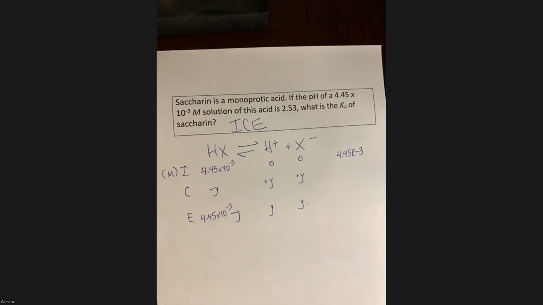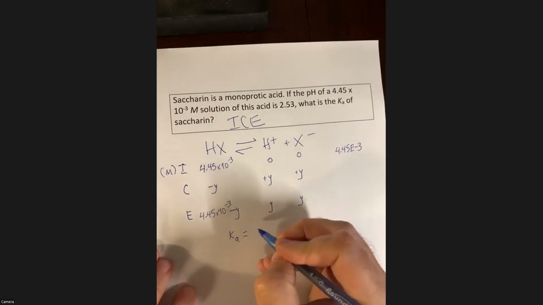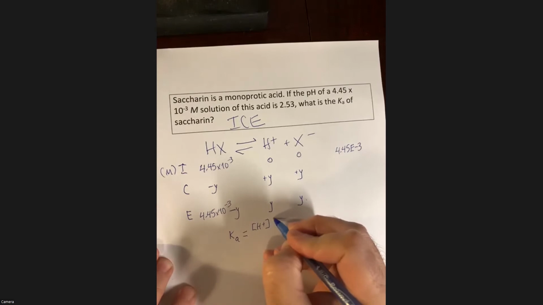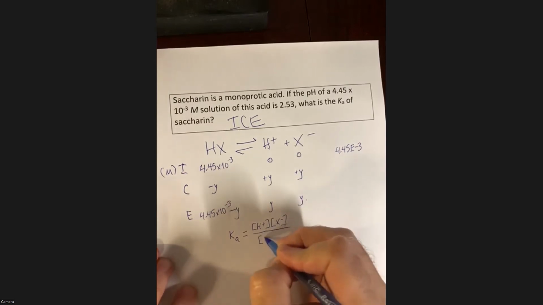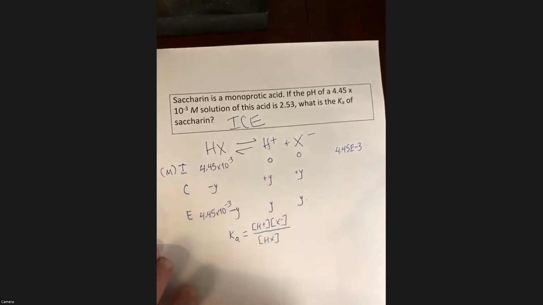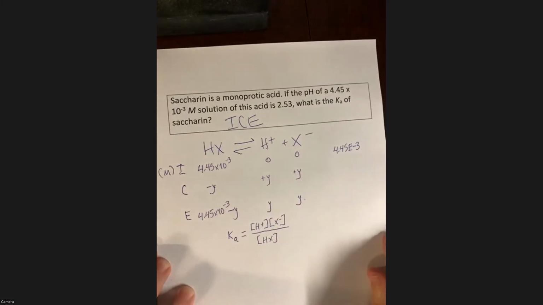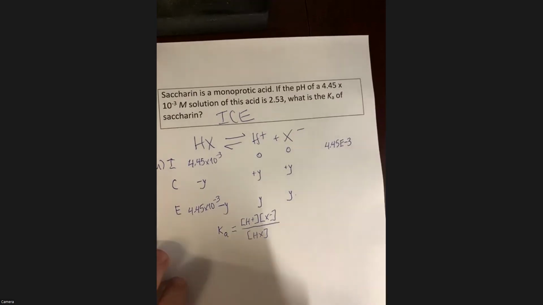Now, remember, the question here is to find what is Ka. I always suggest that you write out the expression just so you keep track of things properly. I know some of you want to shortcut your way to writing out the final thing, but my experience is that students many times get lost doing that.